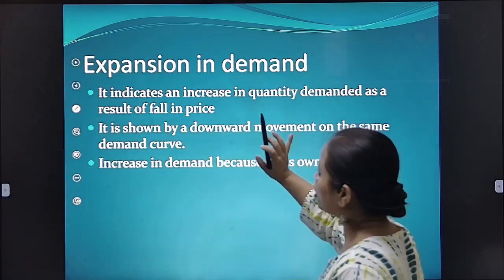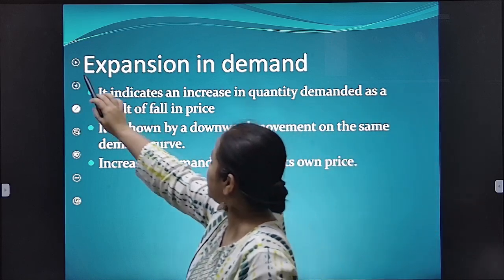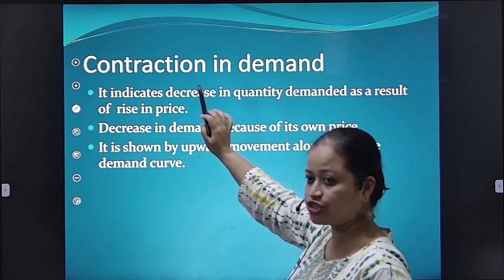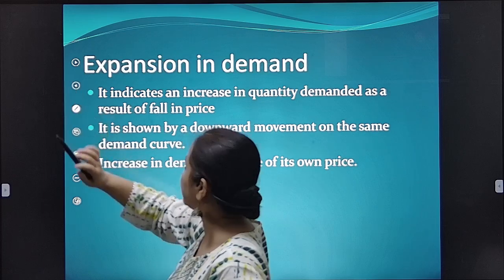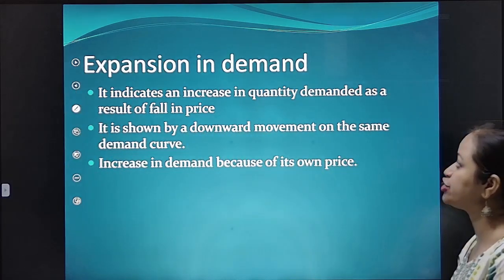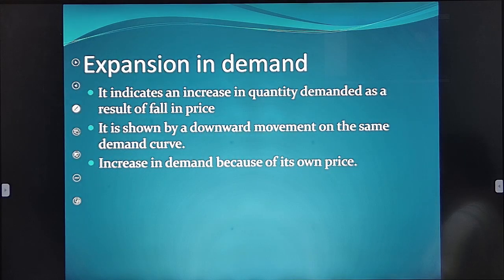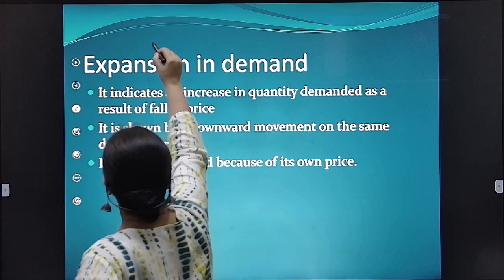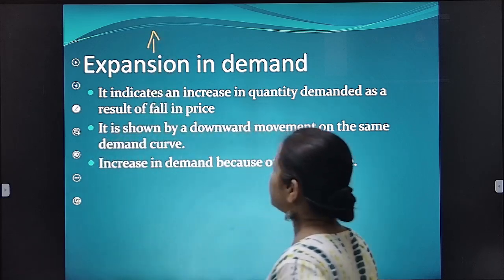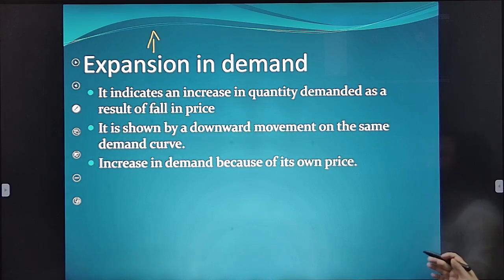So one is your expansion in demand and another one is called your contraction in demand. Okay, so movement along the same demand curve, expansion in demand. Expansion means increase. So what is expansion in demand?